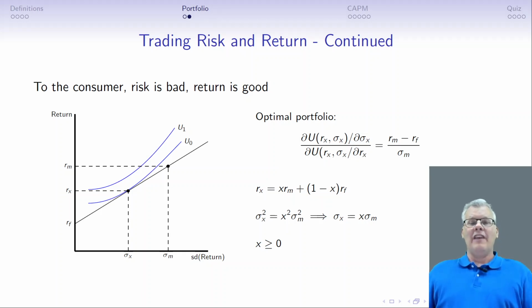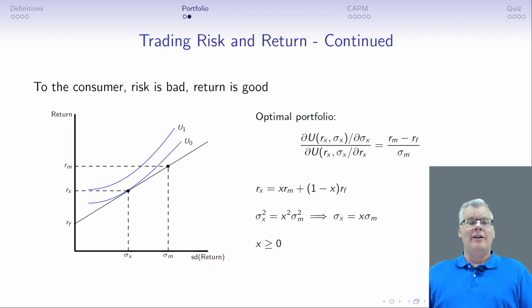Now, if we think about the choice that consumers make between risk and return, we should draw in indifference curves. And to the consumer, to a risk-averse consumer, perhaps I should say, risk is a bad and return is a good. So what that would mean is that we have indifference curves that are upward sloping.